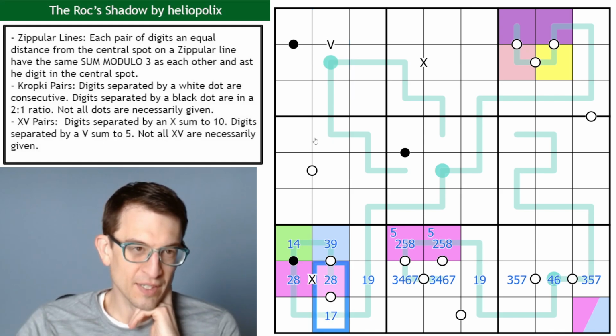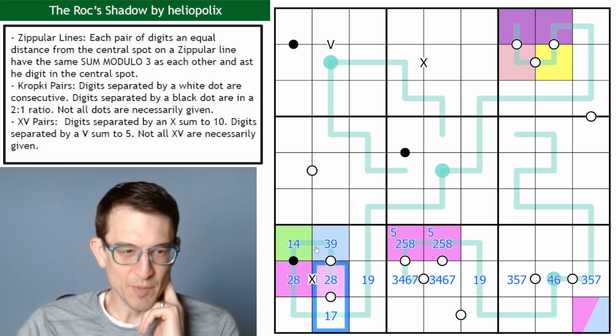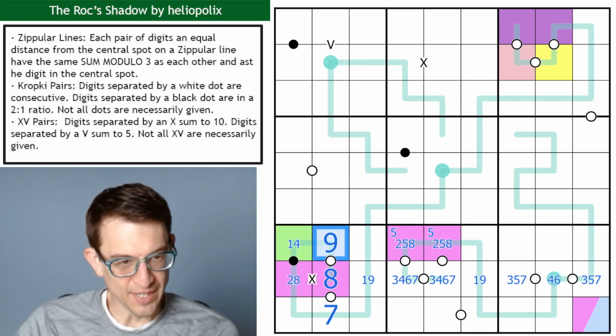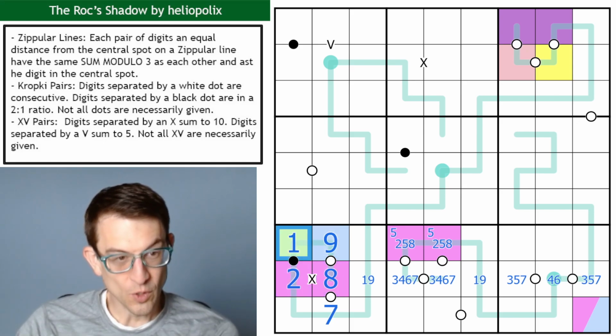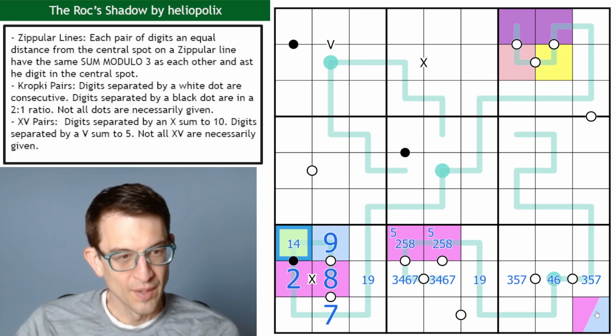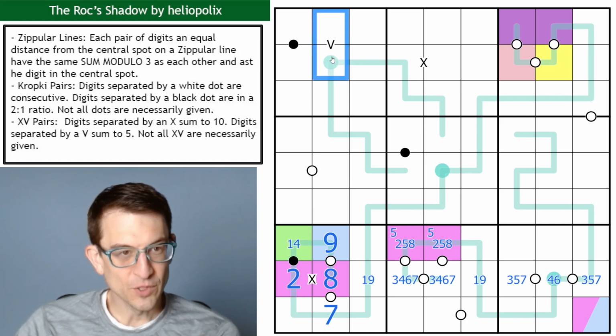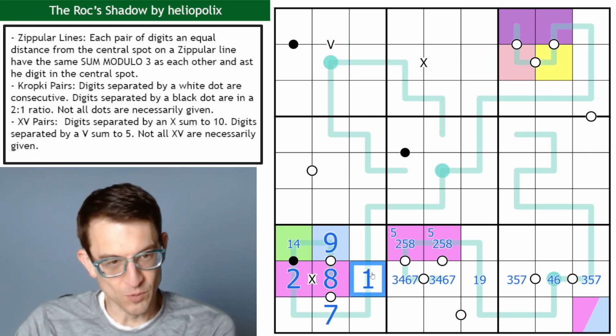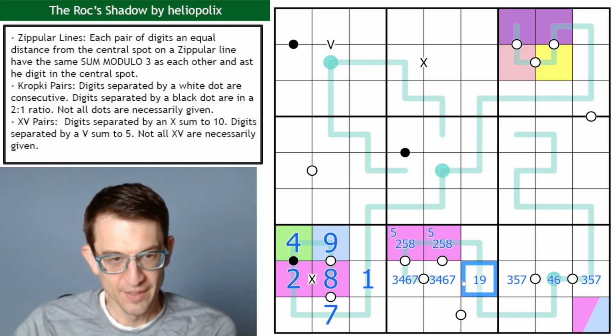This is 7, 8, 9. Sorry. This can't be 1, 2, 3 because then I would have put in the 5. 7, 8, 9, 2. Oh, I still don't know that actually. But that doesn't tell me anything about here, but it does tell me these. That tells me this is 1 and this is 4. Okay, there we go. Now I'm getting somewhere.